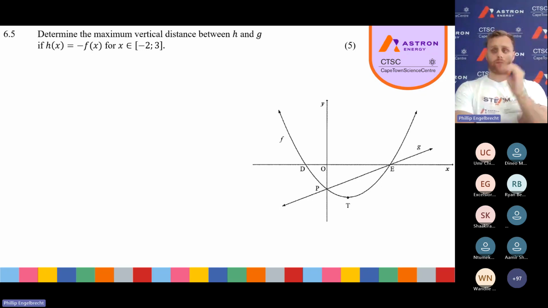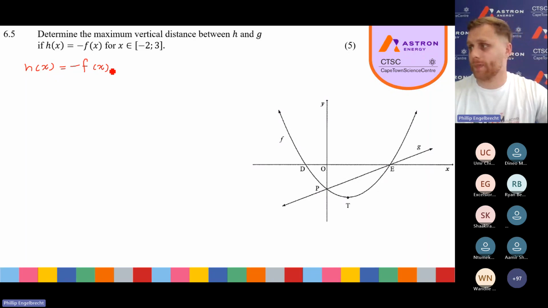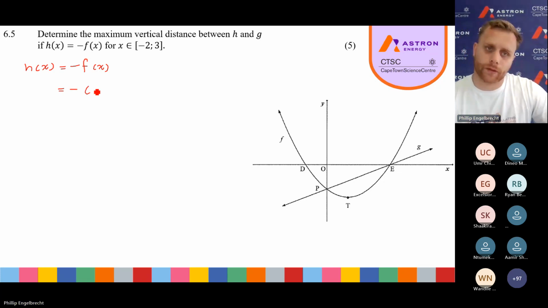For me, when I first see this, I go, okay, what is the value for h of x? Let's first find that out. So I know that h of x is equal to negative f of x. Now, what's the equation of f of x? x squared minus 2x minus 3.